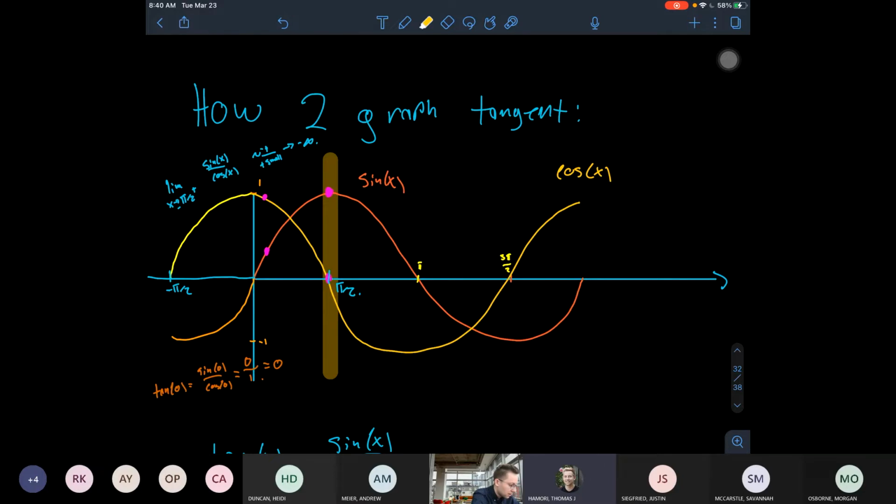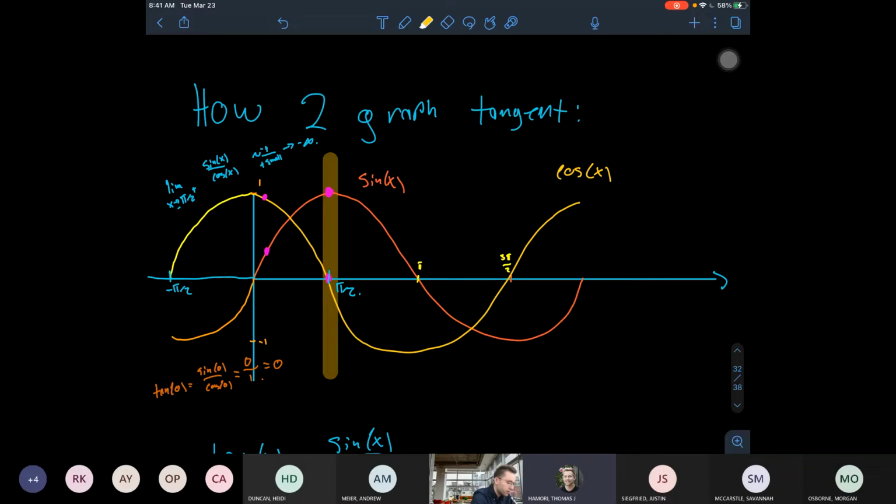Okay, so when cosine x is getting close to 0, sine will be taking a value which is either 1 or -1. And that's going to cause our graph to have a vertical asymptote. Okay, so any x value which produces cosine of x equal to 0 is going to be a vertical asymptote.